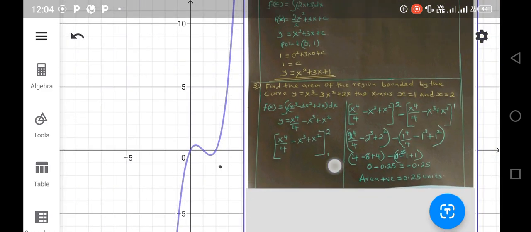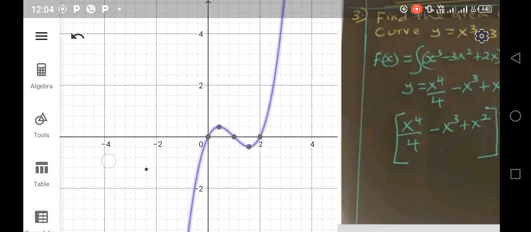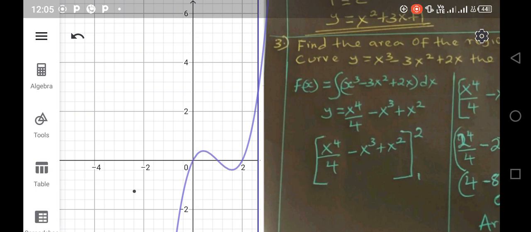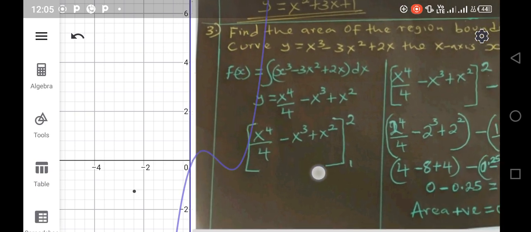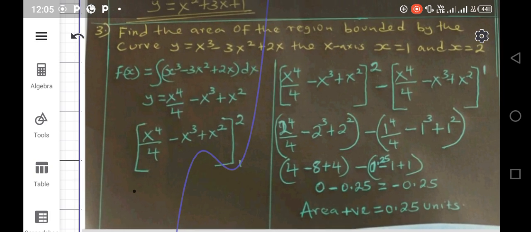By the use of integration, that's how we can find that particular area. This is the point. So that's how we have done it by the use of integration.